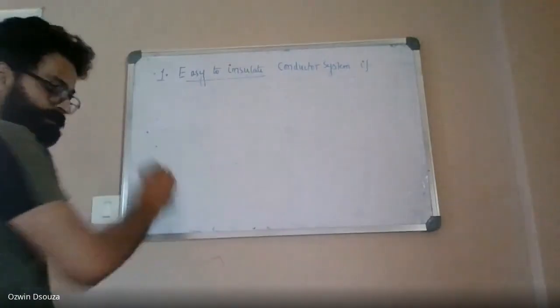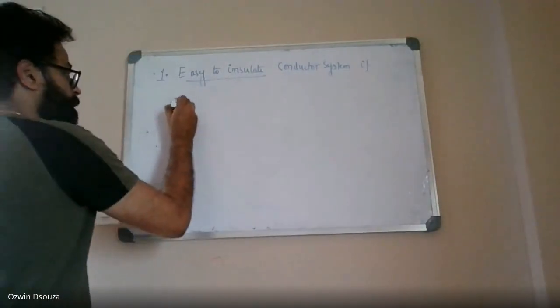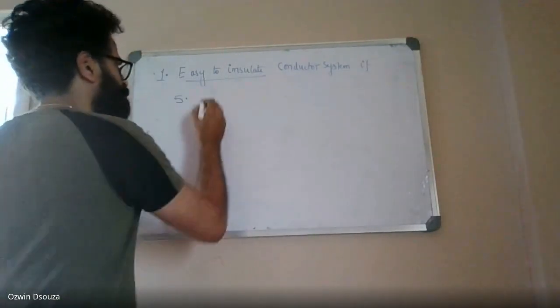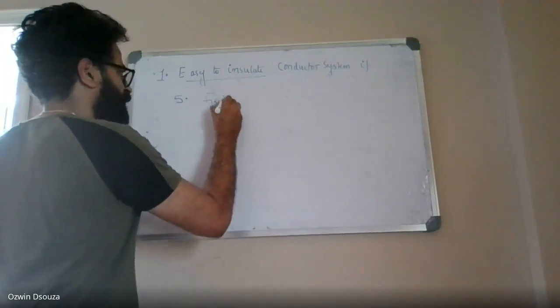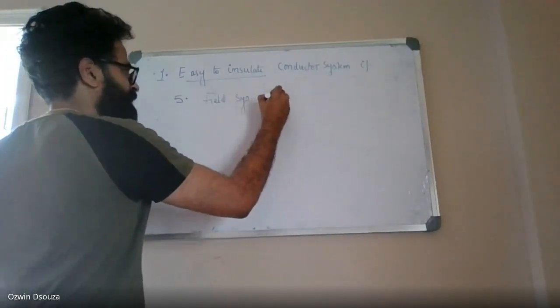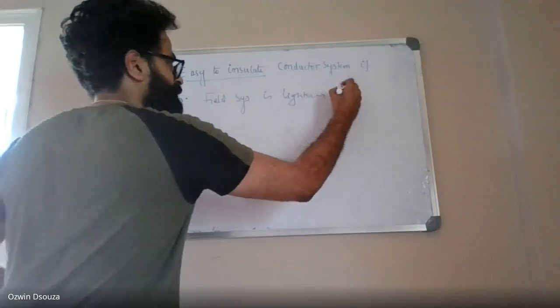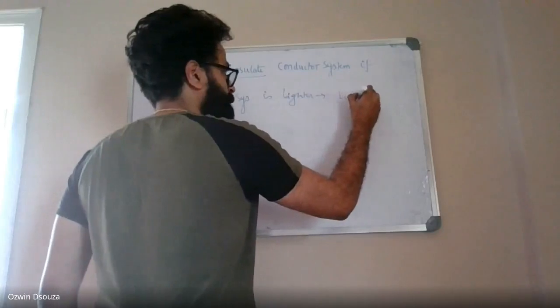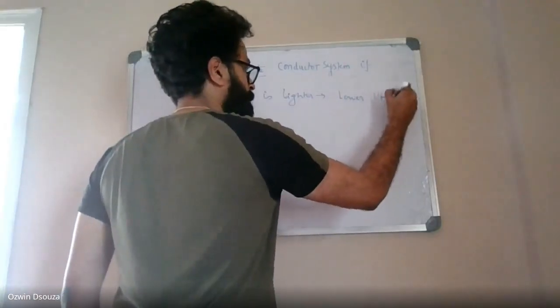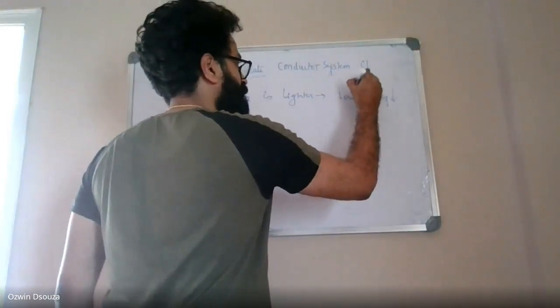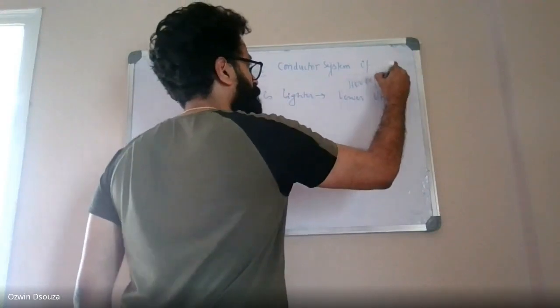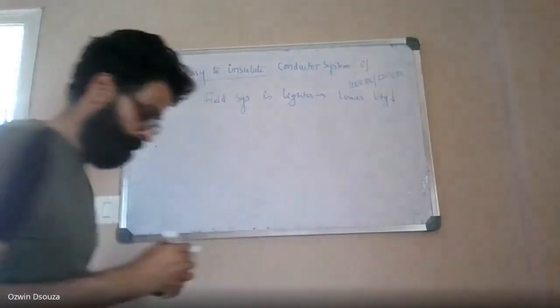The last advantage, fifth advantage. So you know that the field system is lighter because it works at lower voltage. Lighter because it works at lower voltage, 110 volt DC or 220 volt DC.